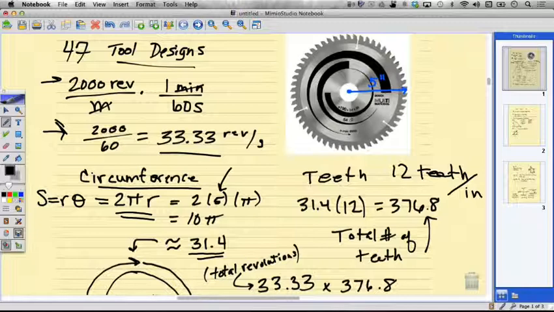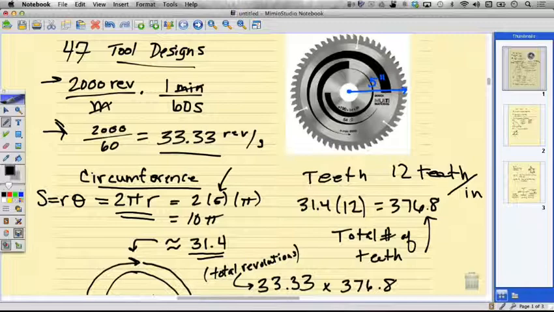how would we do that? It's going to spin around, so for every 1 revolution, 376.8 teeth, approximately, are going to touch that thing. Let's do it at 33.33 times. You tell me the number of teeth. Find it out real fast.